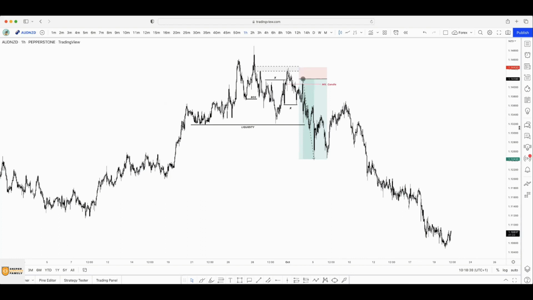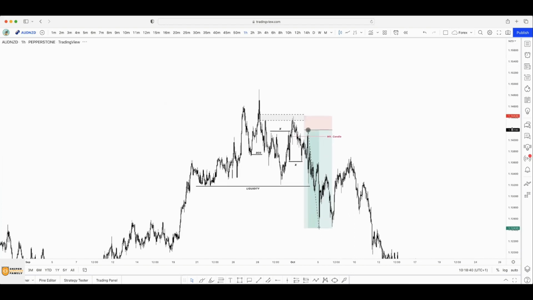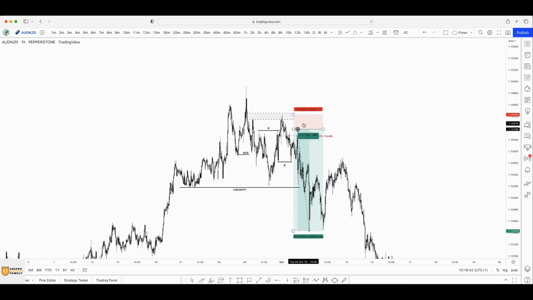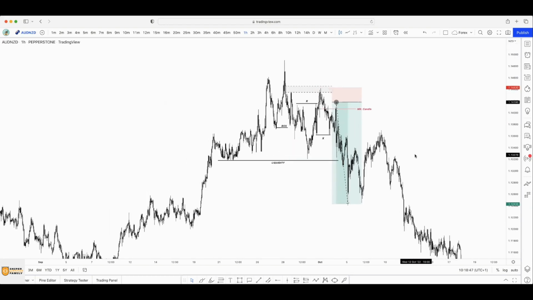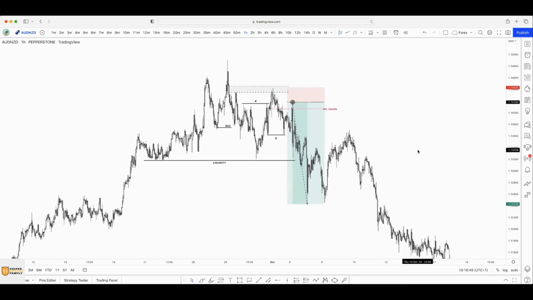As you can see, the entry was the 80 level. Stop loss was just about 25 pips, which is below 30 pips, which is okay for me. My maximum stop loss is 30 pips. So 25, 27, 5, 10 are okay for me, as long as it is not 31 pips.